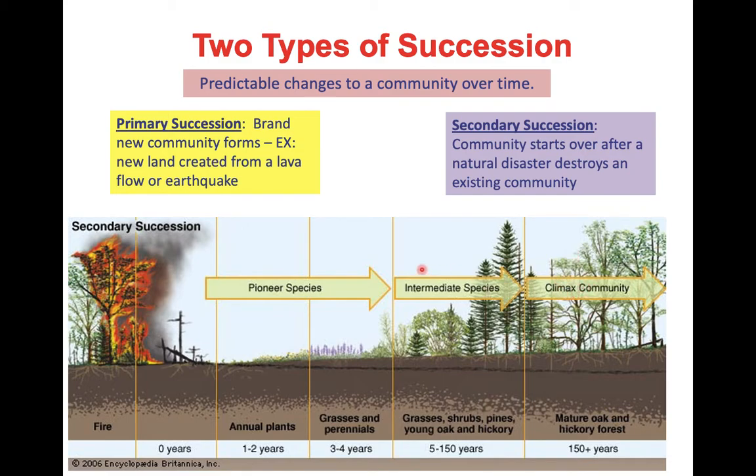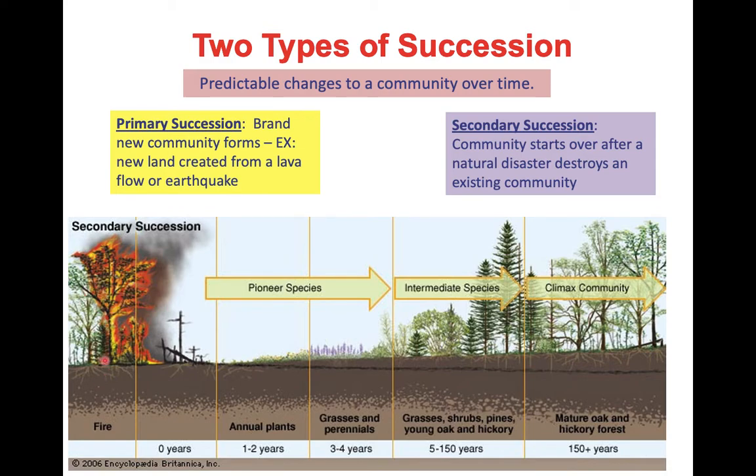Something to point out is that a secondary succession process happens much faster than a primary succession process. Why? In a secondary succession, what happened to the soil after the disaster? Let's say here, what happened to the soil after all of this burned?